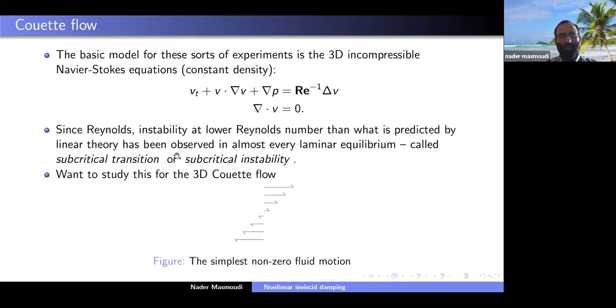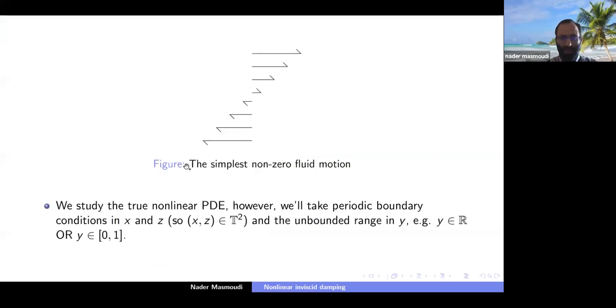Okay. Usually to study this one, we try to linearize the Navier-Stokes around the simplest kind of non-trivial flows. You want to get some non-trivial flow and you linearize around it. And the simplest non-trivial flow is the Couette flow. It's just this kind of flow. It will appear in the next slide.